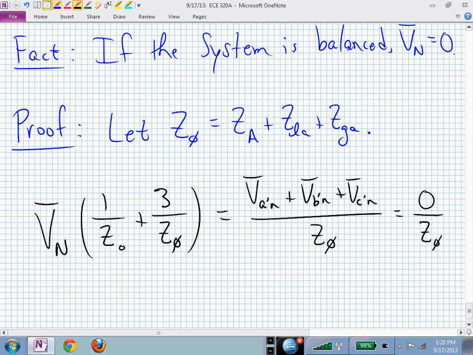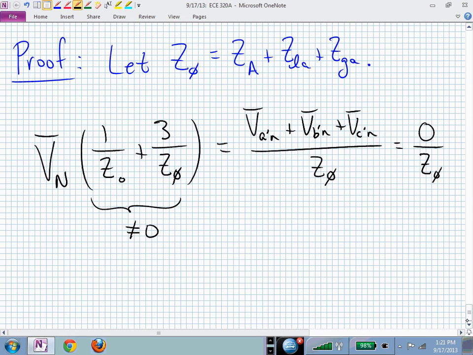All we have to realize is that this piece right here is not equal to zero. We can divide that out, and now we can conclude that V sub n is equal to zero, and that's the fact that we wanted to prove.